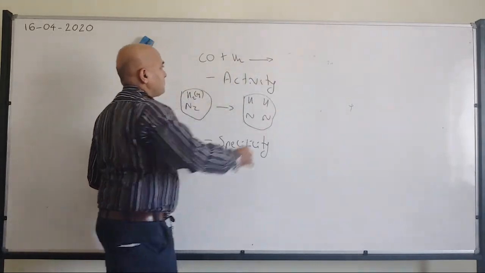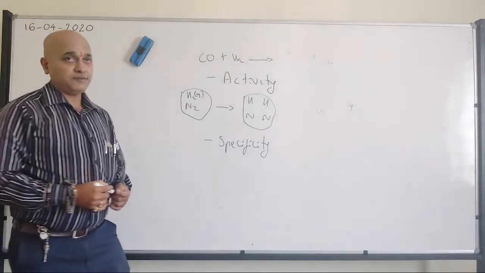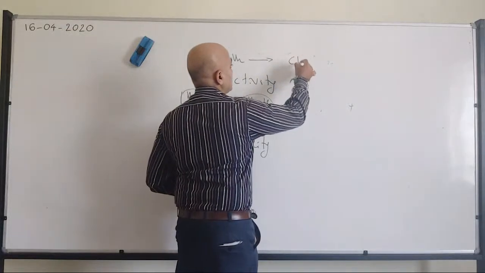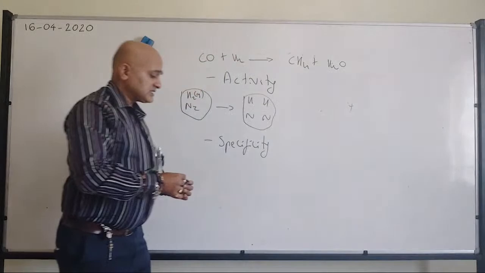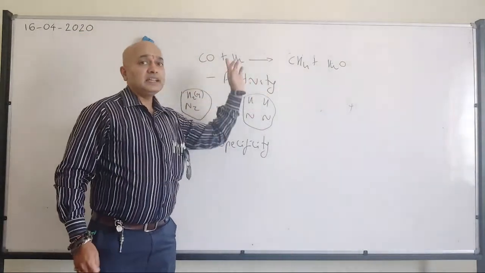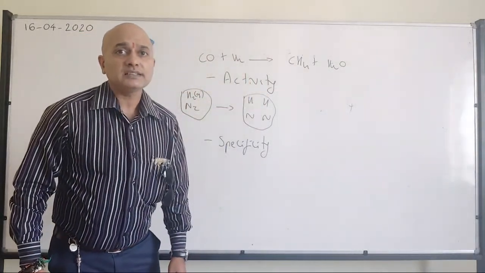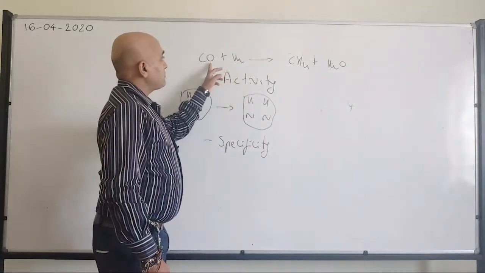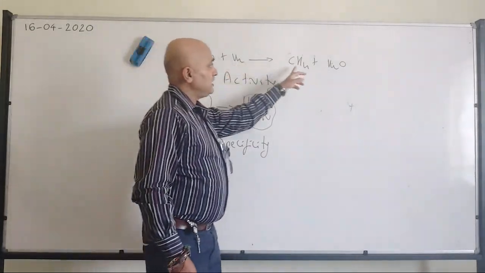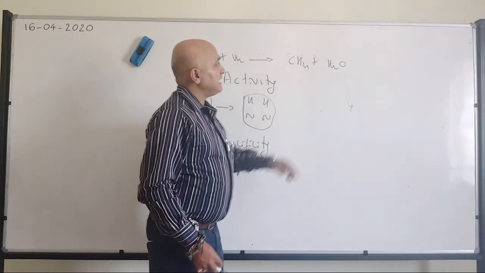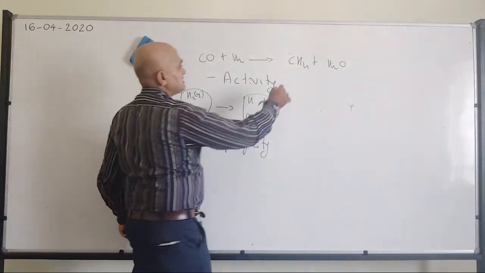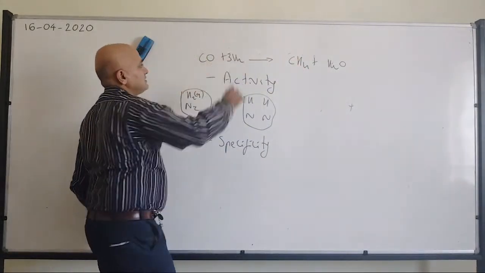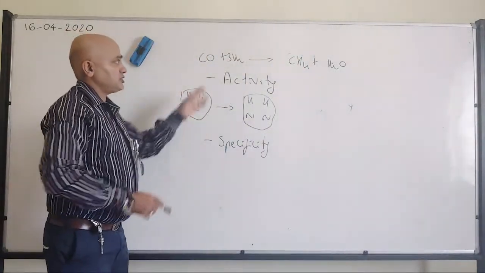I am taking the example from your textbook itself, which gets converted into methane and water. This is exactly the opposite of the reaction I discussed in the previous class. Carbon monoxide and hydrogen react to form methane and water. Whether the equation is balanced? No. So here it will become 3. That's where we have the equation.